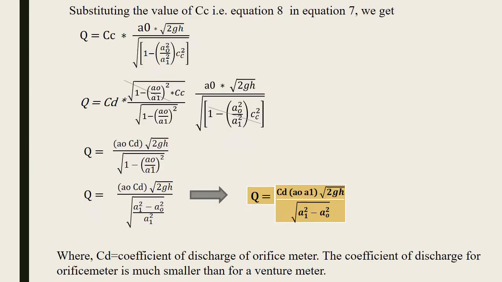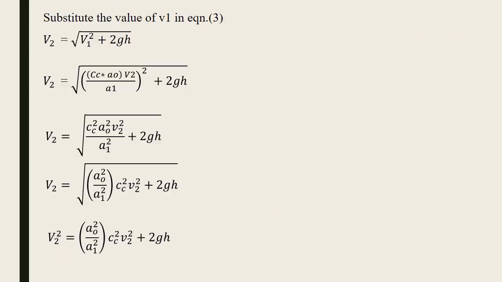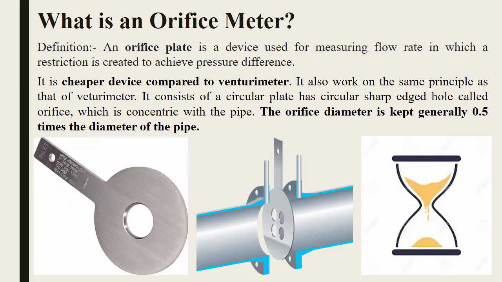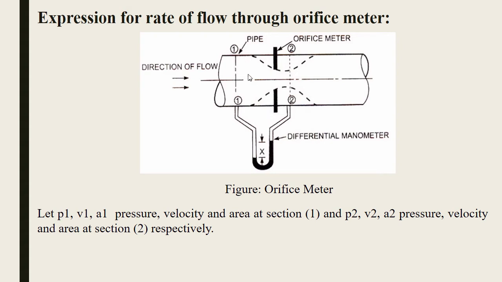I'll just go back to the diagram that I have drawn during the derivation. Right, so the fluid that comes into the orifice is the upstream, and the fluid that passes the orifice is called the downstream.